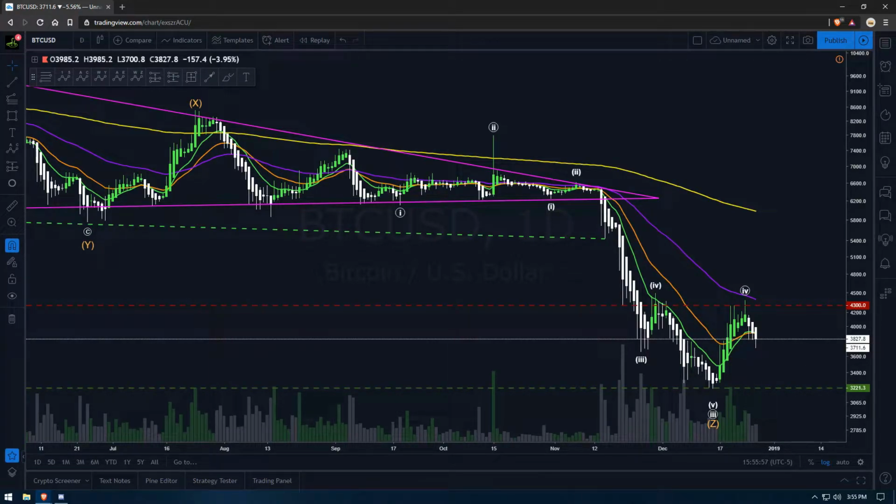So those are the most common multiples of 1.618 and 2.618. However, if the third wave is an extended wave, then 2.618 and 4.25 ratios are going to be the most common for those.